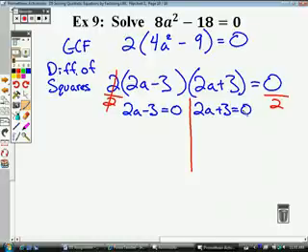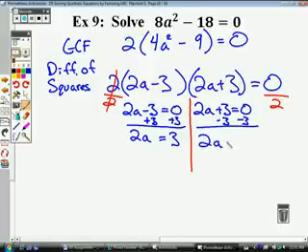What's the opposite of subtracting 3? Okay, so everybody add 3 to the 0. That gives you 2a equals 3. That's weird, isn't it? What do you do on this side? Subtract. So minus 3 minus 3. That gives you 2a equals negative 3.